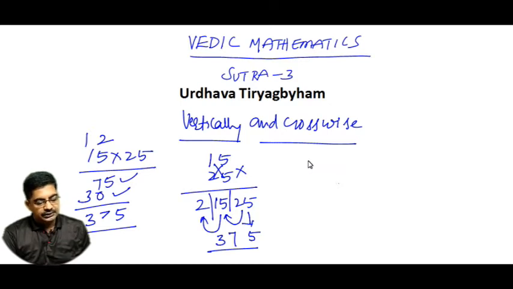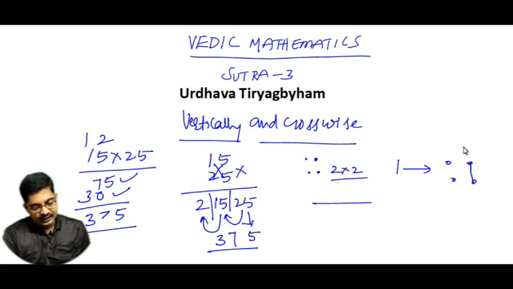Here it's a 2-digit number by a 2-digit number. I am representing the 2 digits with 2 dots in the top row and in the bottom row. Now it is in a 2 by 2 matrix form. The first digit is obtained by multiplying the rightmost digits vertically, and placing it here.